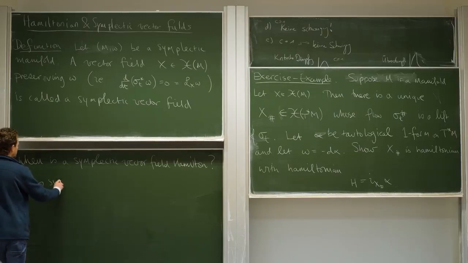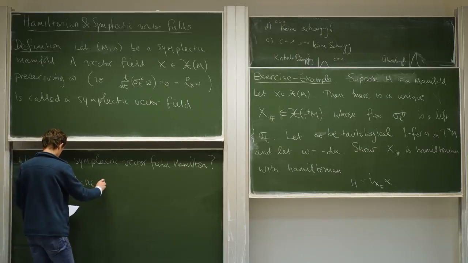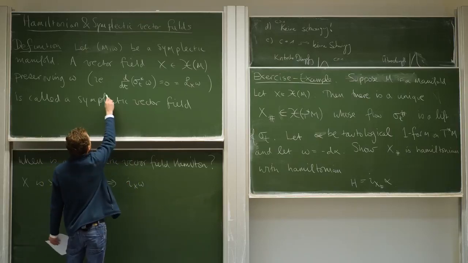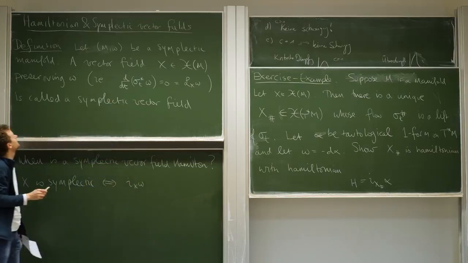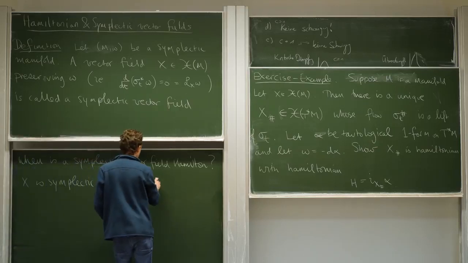Well, what does it mean to be symplectic as a vector field? If you look at this characterization that we have up here, it turns out that X is symplectic if the internal product with respect to X of omega is closed.